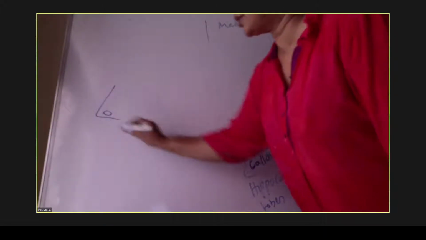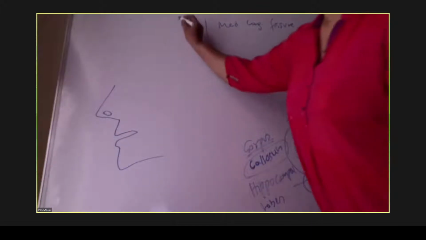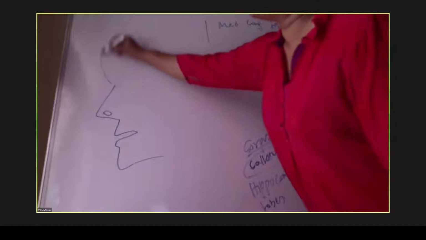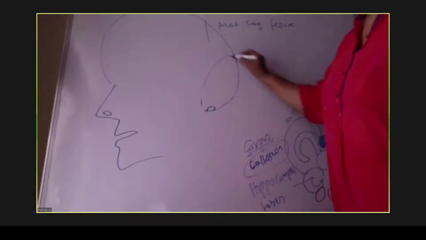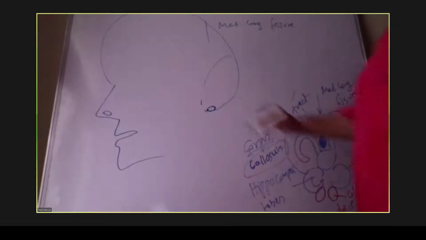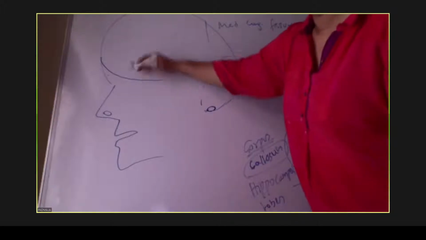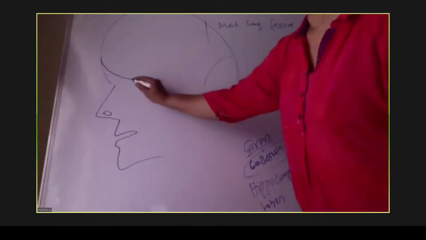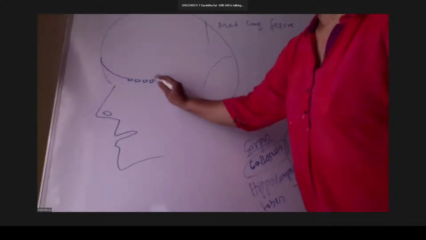Yes, nose, nostrils, upper lip, lower lip, chin here. And this is cranium. Here it is occipital bone, occipital foramen. And what is the bone here? To remember, I told you: temporal lobes.